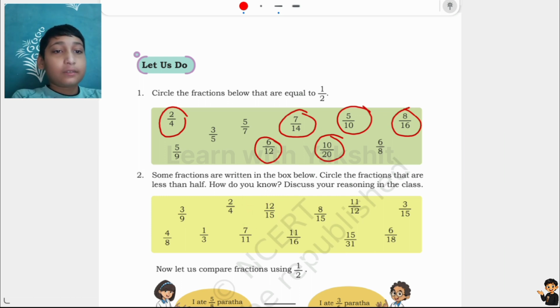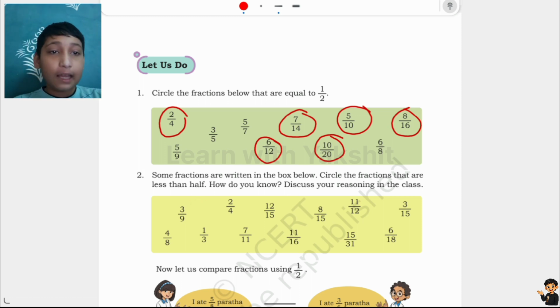Now, it could be this, 3 upon 9. If it were more than half, it should be 9's half. But wait, there's a problem. You can't divide 9 by 2. So what do we do? Simple. You just add 1 upon 2 more.